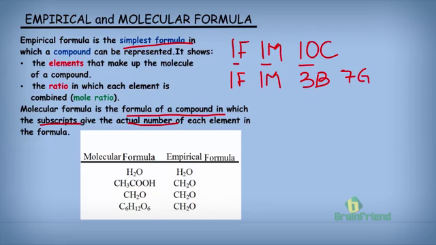Now, look at both illustrations about my family. Both are correct, right? But one of them is more detailed than the other. The first one just tells us that we have 10 children, but it doesn't tell us in detail if there are 5 boys and 5 girls, or if they are all 10 boys or 10 girls. It doesn't say. But the second one gives us the details. It tells us that we have 3 boys and 7 girls.